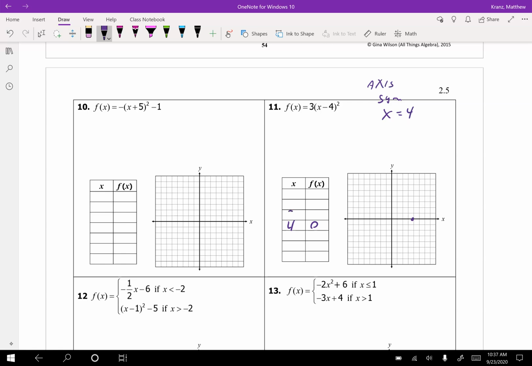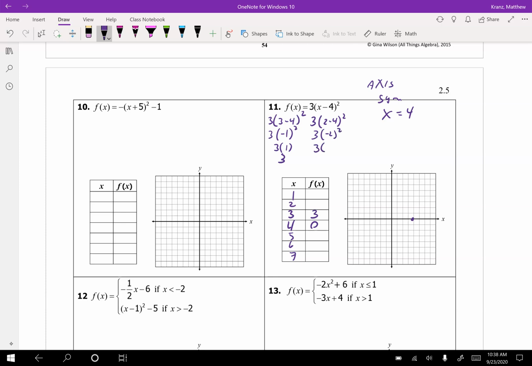And now I'll use different values, 3, 2, 1, 5, 6, 7. If I use 3, that's 3 times 3 minus 4 squared. Well, 3 times a -1 squared. -1 squared is 1, so 3 times 1 is 3. Let's try the next one. 3 times 2 minus 4 squared. 3 times -2 squared.